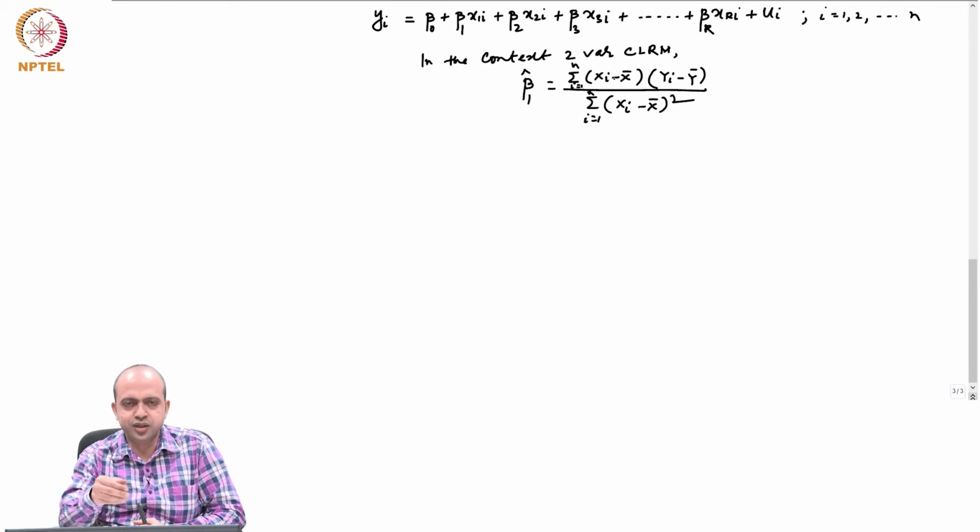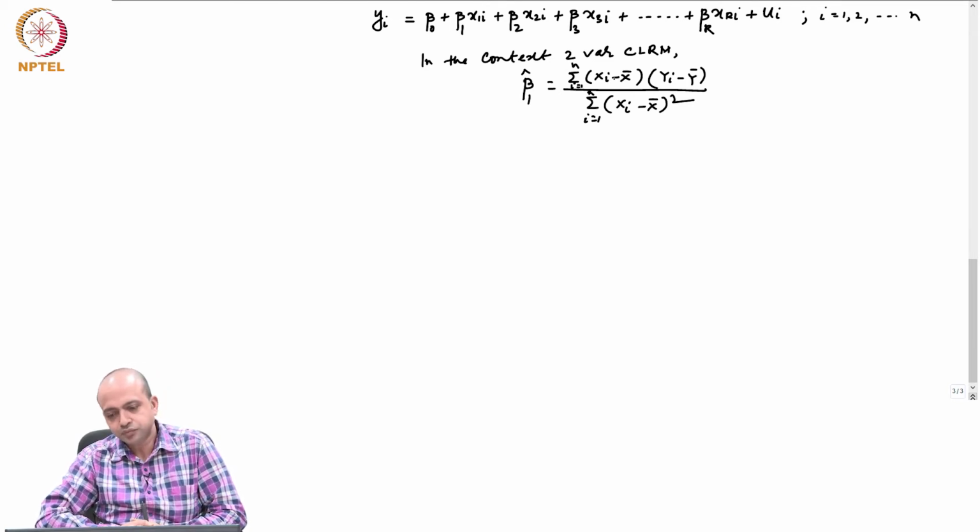So, if we apply the technique we learned in the two variable classical linear regression model in this setup, then we need to apply the formula so many times. But we do not actually do that in the context of multiple linear regression model.